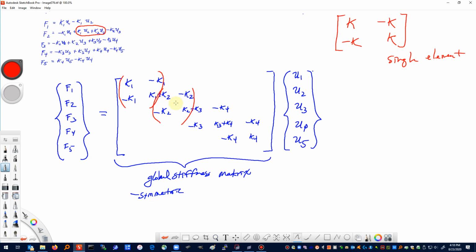Okay, so here's K2, minus K2, minus K2, and then of course there's a plus K3 and a minus K3. I think I must have messed up somewhere here, because that should have been a minus K3, and in fact it is.